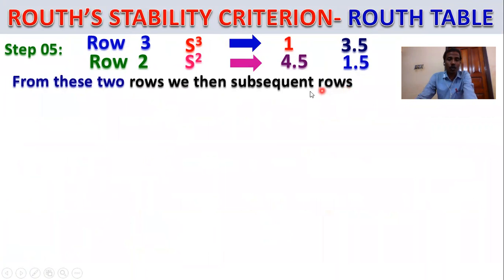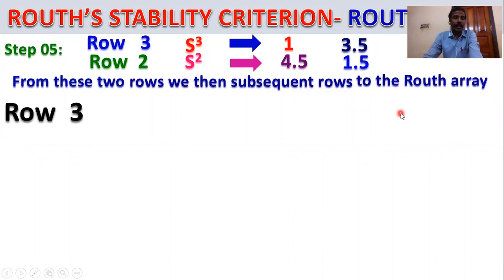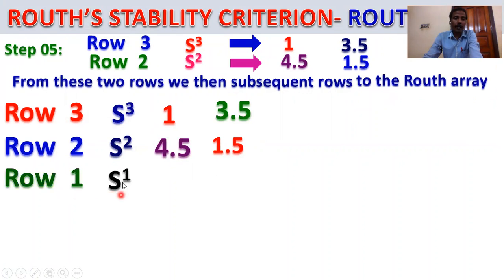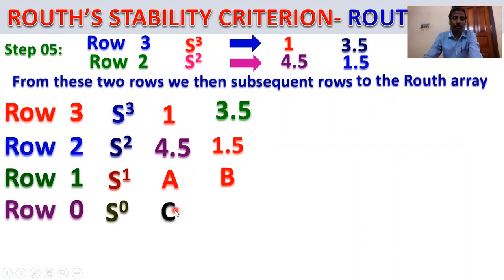From these two rows we compute the subsequent rows of the Routh array: row 1, s to the power 1, has A and B, and row 0, s to the power 0, has C and D.